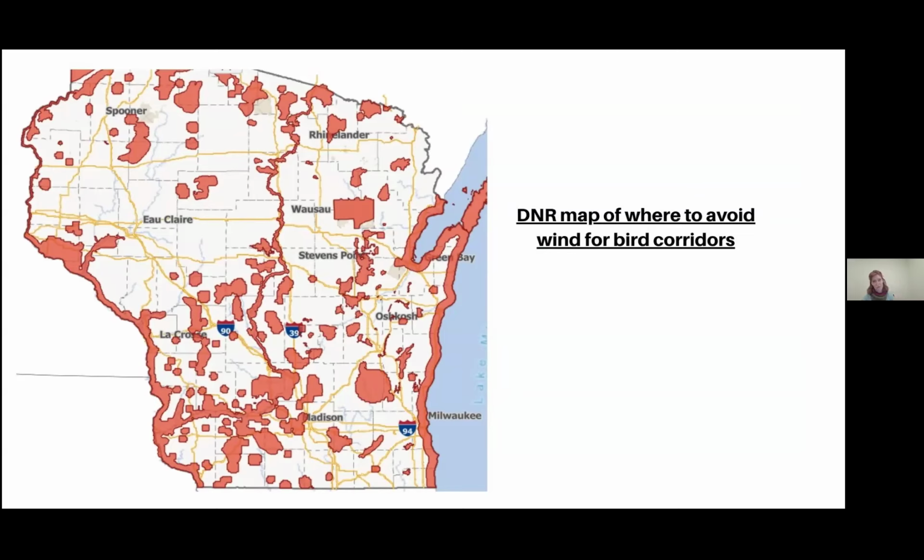This is a publicly available map that you can find and use to make sure that sites are working outside of those boundaries. And ideally, you have buffer zones around those as well. So we do have some public access sites, which we're encouraging folks to double check, triple check, to make sure that when they're looking at siting, they have an understanding of where their priority corridors are. Next slide.